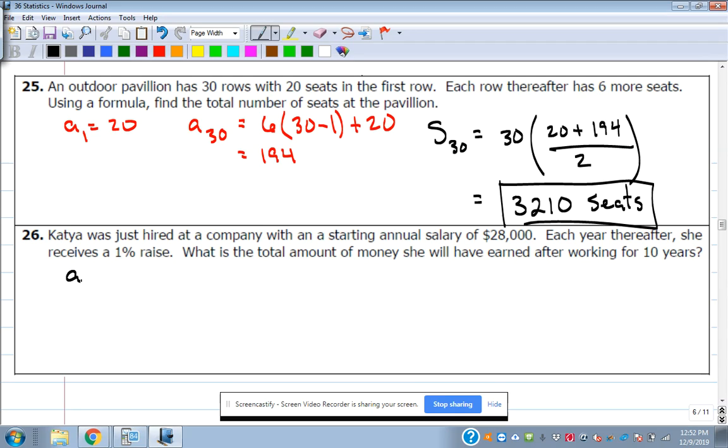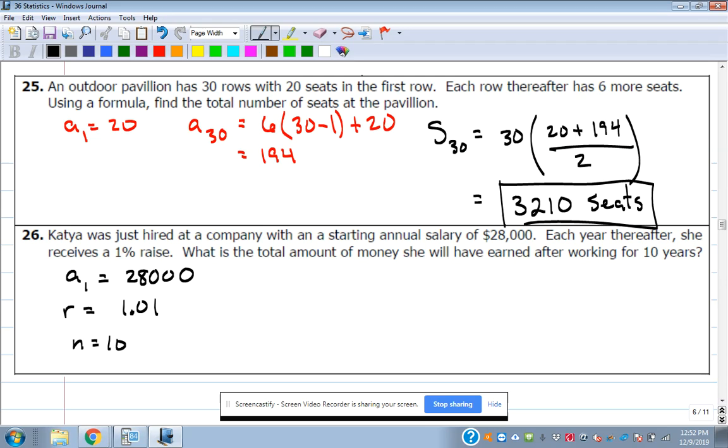So our first term is 28 grand. Our common ratio is 1.01. Why am I using 1.01 and not just 0.01? That's right. It's the original salary and the extra 1% that we're using there. Good job. All right.